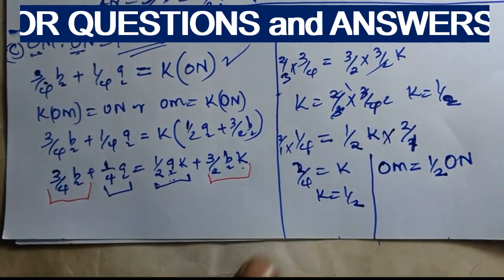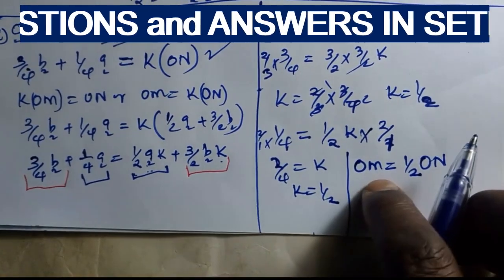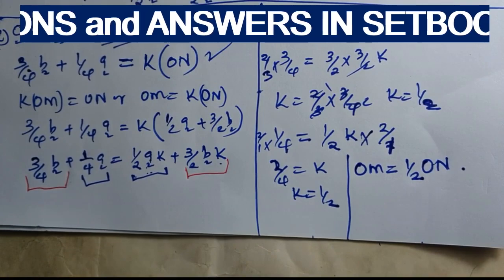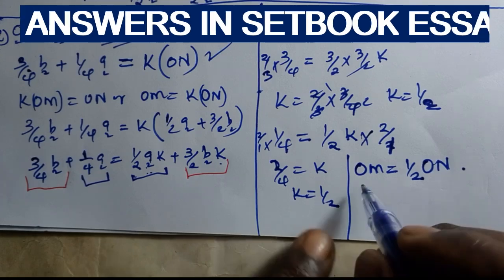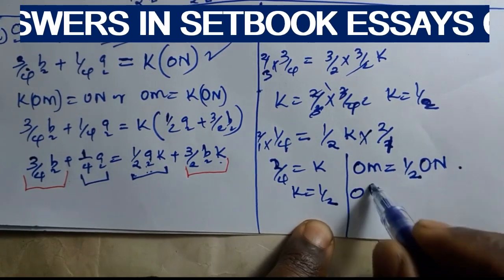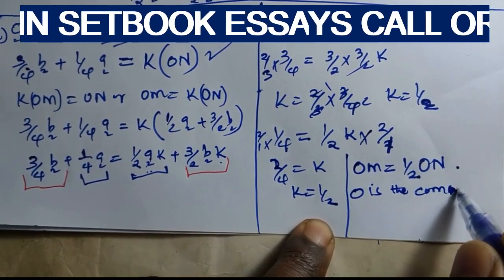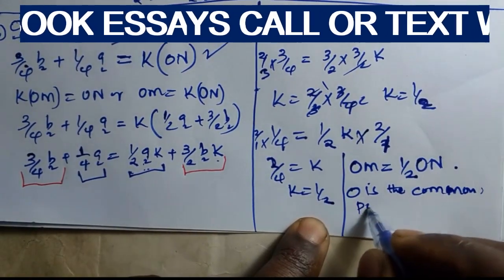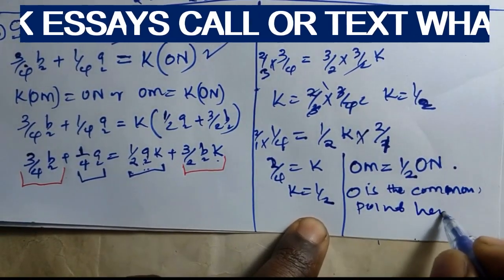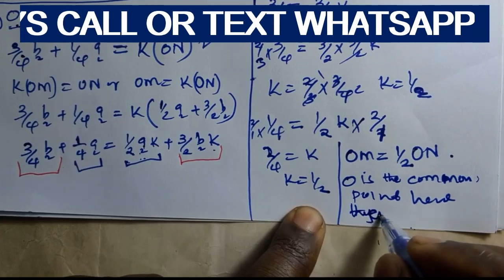It means that they are parallel. So we have shown that OM and ON are parallel. Now the final thing is to say that O is the common point, hence they are collinear.